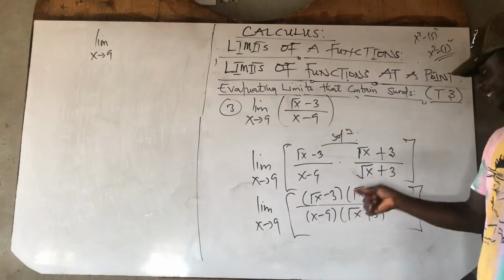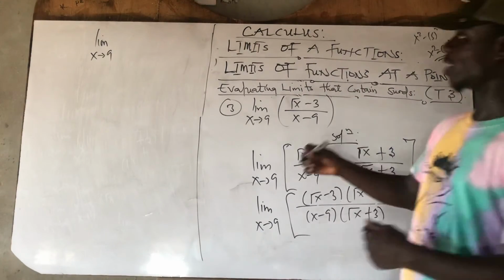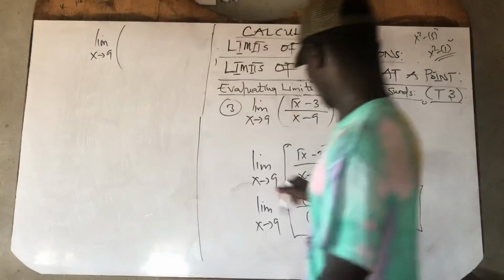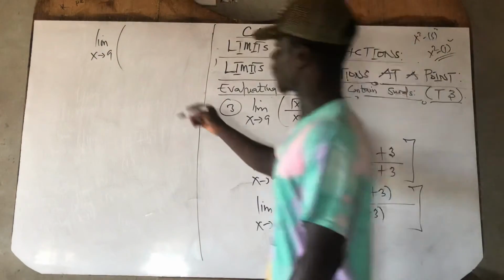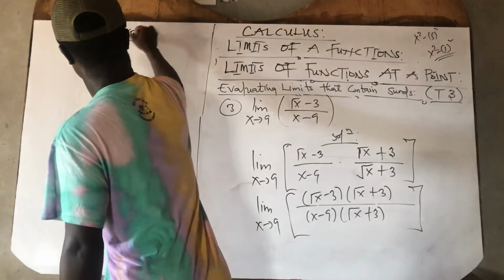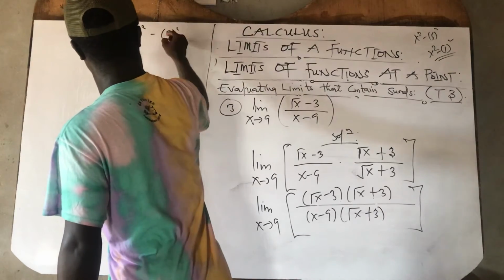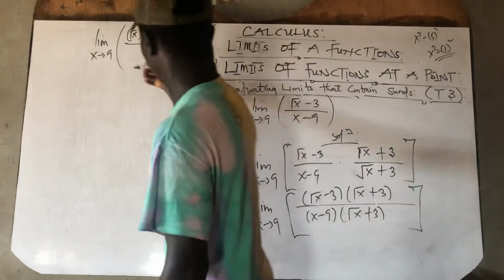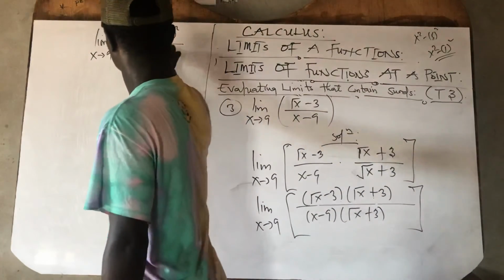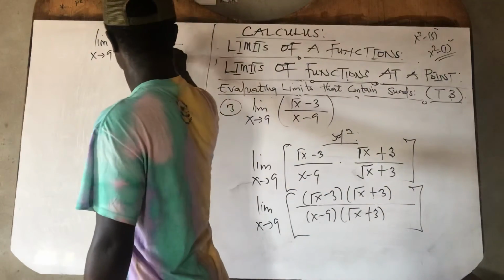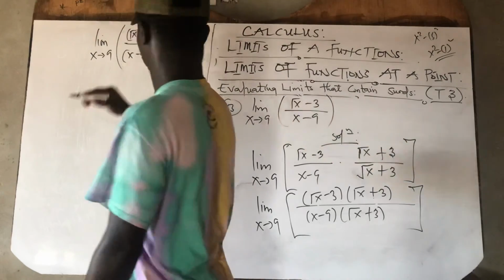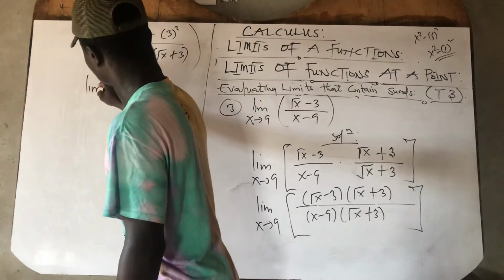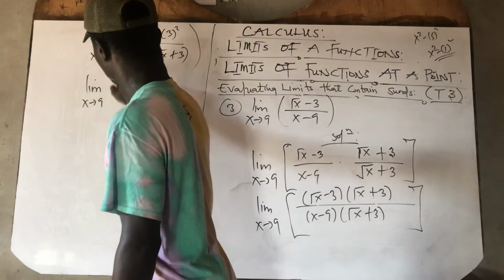So we can see that it is a difference of what? Two squares. So we can proceed as that, which will be what? The square root of x squared minus what? 3 squared. Right. All on, we have x minus 9, then square root of x plus what? 3. So we have the limit as x approaches 9.